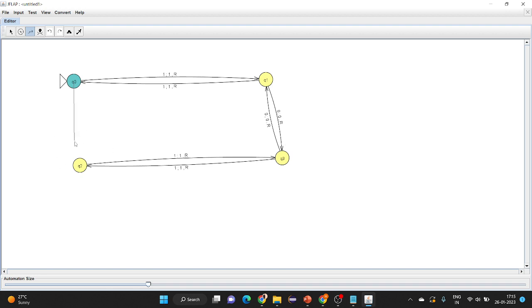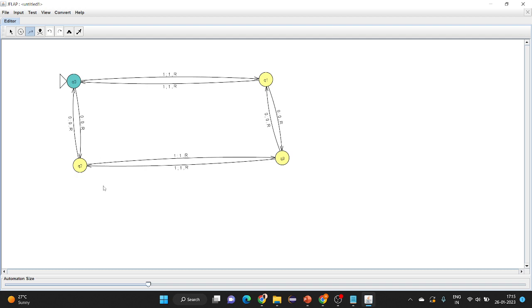Again in Q1, 0 is replaced by 0 and we right shift. And again in Q2, we move the transition to Q0, 0 replaced by 0, and we right shift.